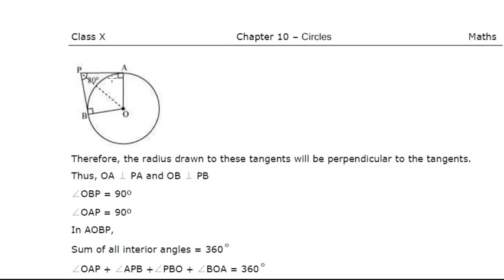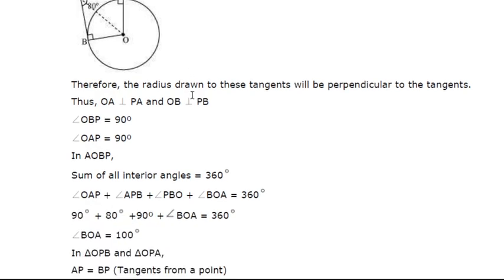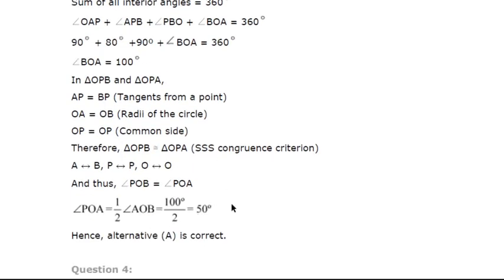Here addition we have done. 90 plus 40, how much? 90 plus 40, 130. So this angle is left 50. Okay. So you see the final answer is here 50.